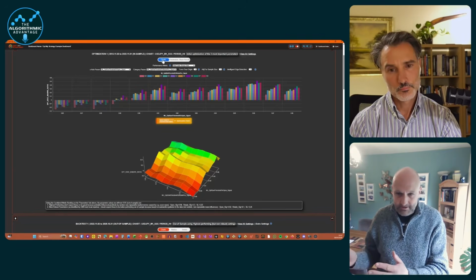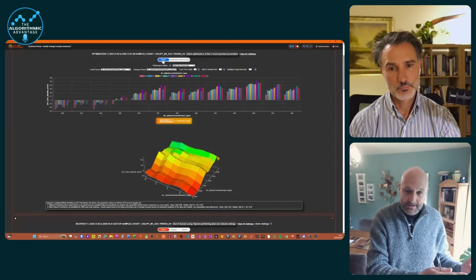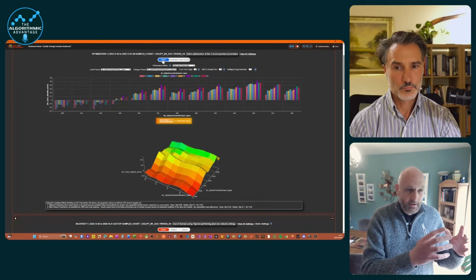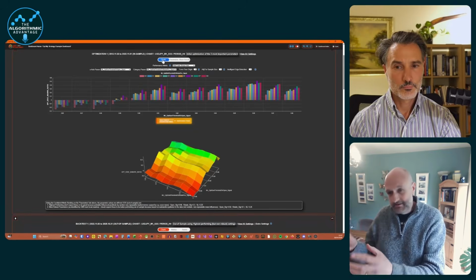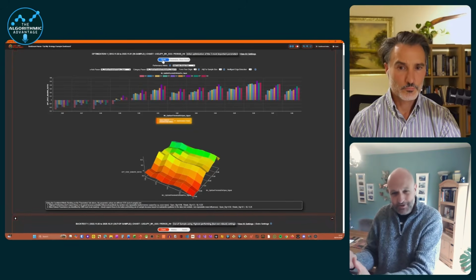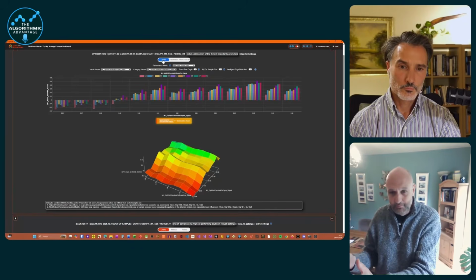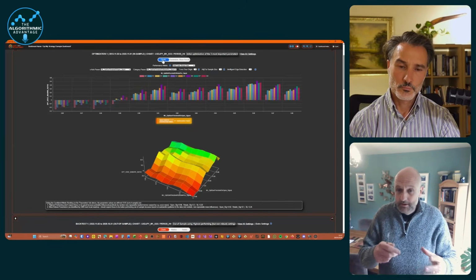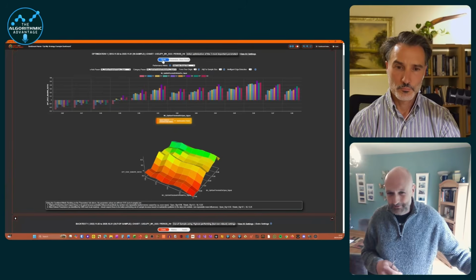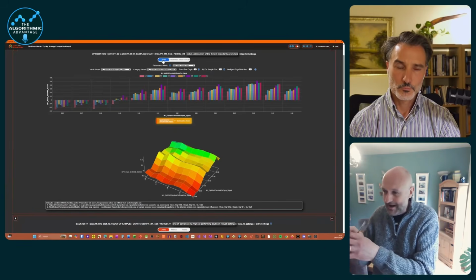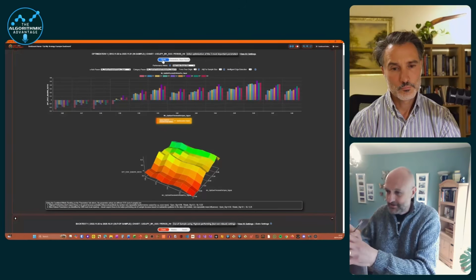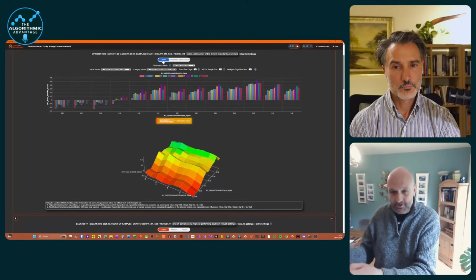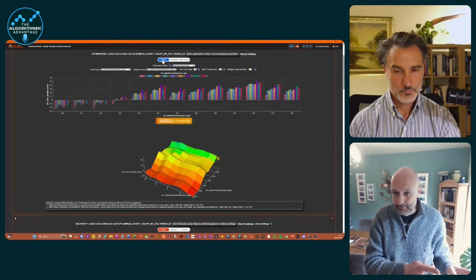So the whole premise of this software is that you run your optimization in the platform that you currently use. The information then gets sucked into the optimized strategy platform where you perform the analysis. So you run the optimization in your trading platform, but you don't analyze the data in your trading platform. You analyze your data here, where the level of sophistication around the data science aspects and the intelligence you can get from that data is probably far superior to any individual trading platform.